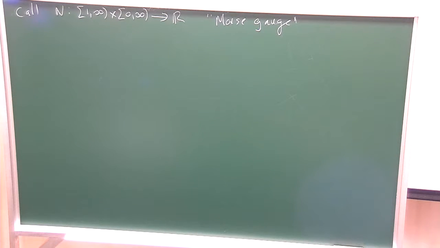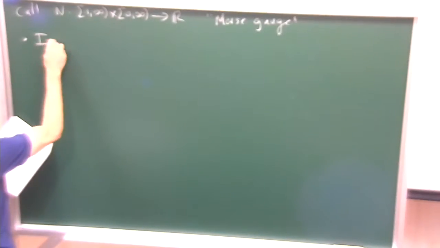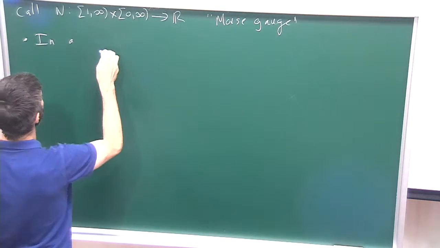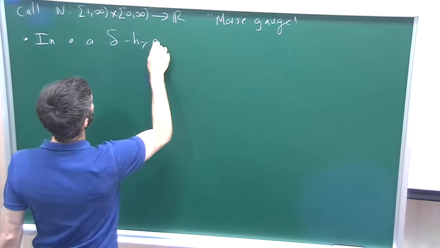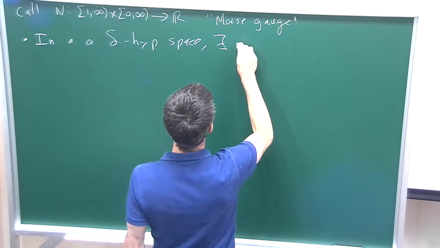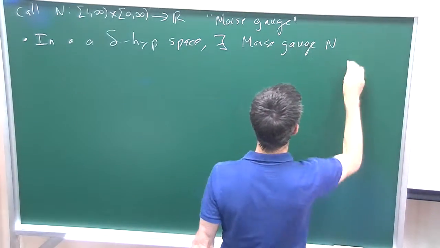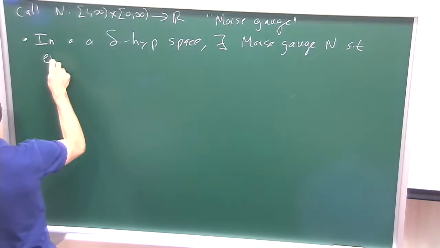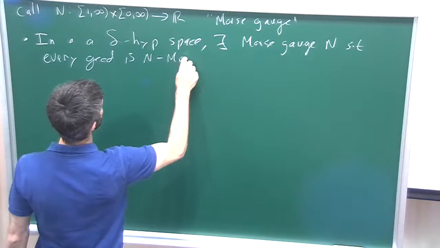Okay, and we saw in the student talks, very nice proof, that in a hyperbolic space, there exists a Morse gauge n, some function, such that every geodesic is n Morse.